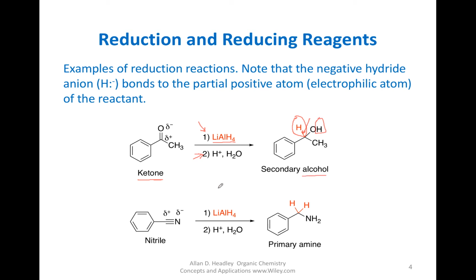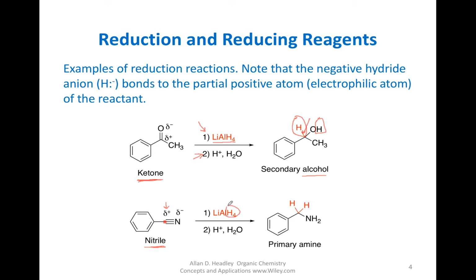Notice that's a secondary alcohol from a ketone. If you had a reaction with an aldehyde, you can imagine that would be a primary alcohol. Here's another example. Different functional group this time, a nitrile, but the same concept applies. Partial positive carbon, electrophilic, indicated by the partial positive charge.